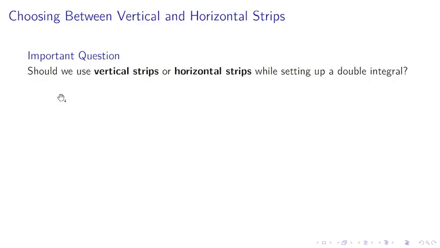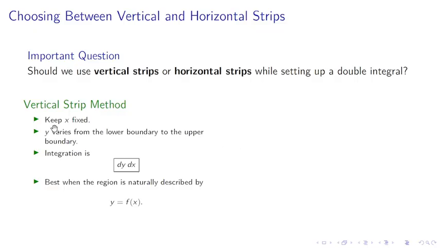One important question: should we use vertical strips or horizontal strips while setting the double integral? In the vertical strips method, keep x fixed, y varies from lower boundary to upper boundary, and integration is dy dx. It is best when the region is naturally described by y = f(x).